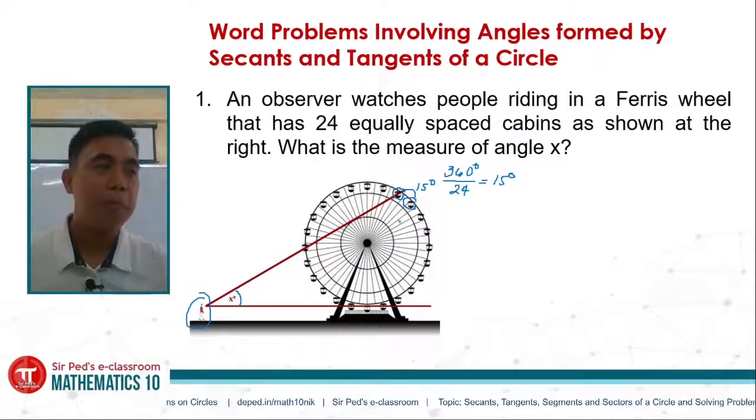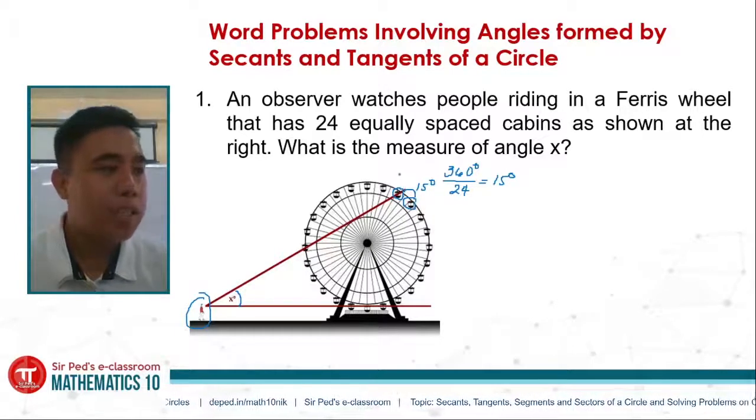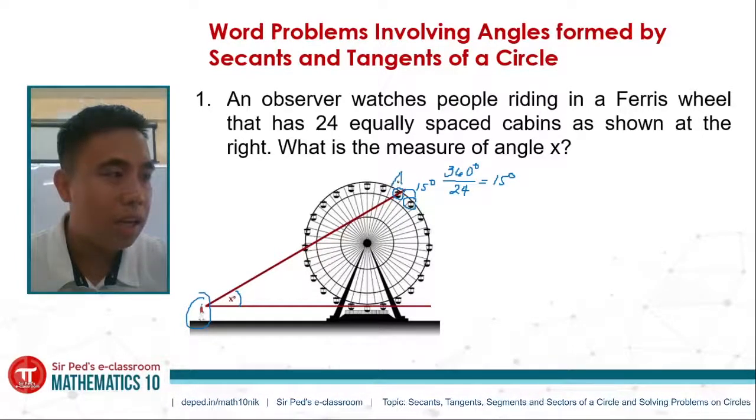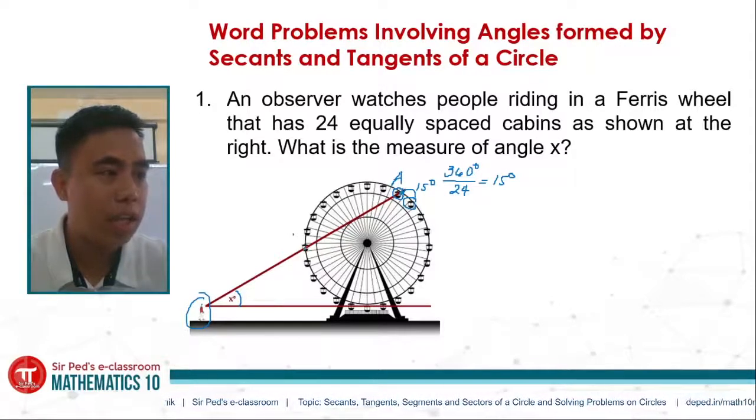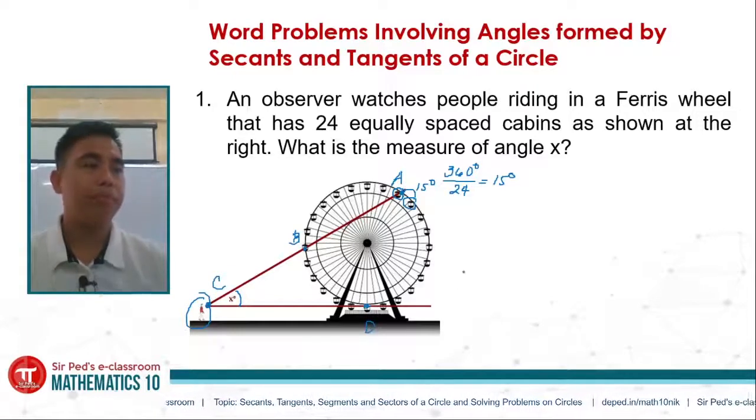Can you follow? Okay. Now, let's just label this para mas concrete yung answer natin mamaya. Let's name the intersections A, B, C, and D.